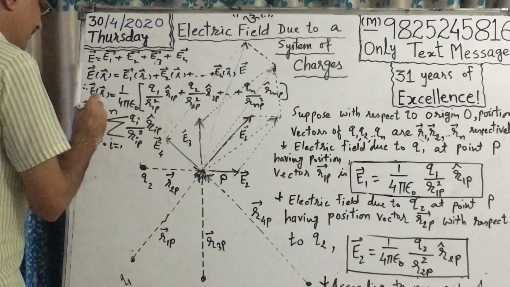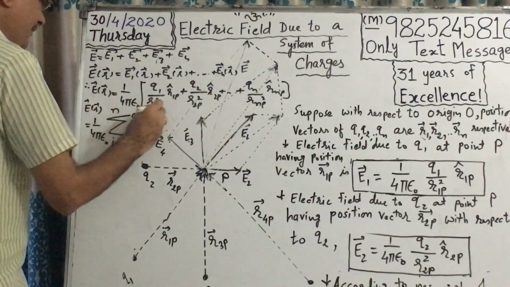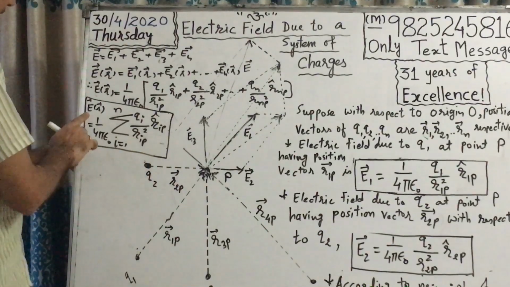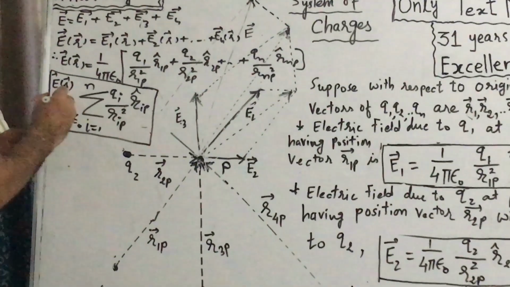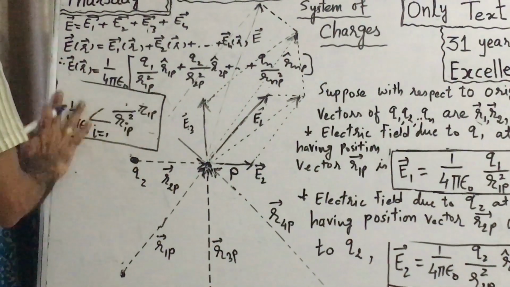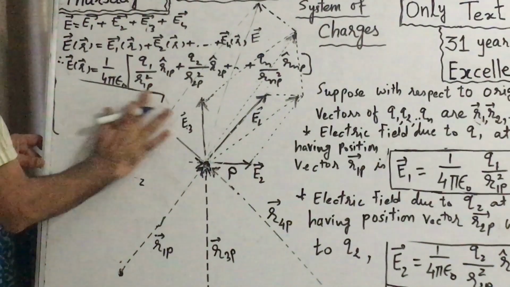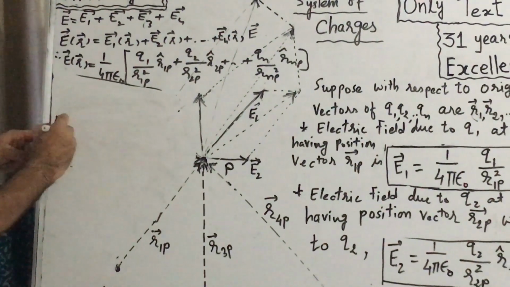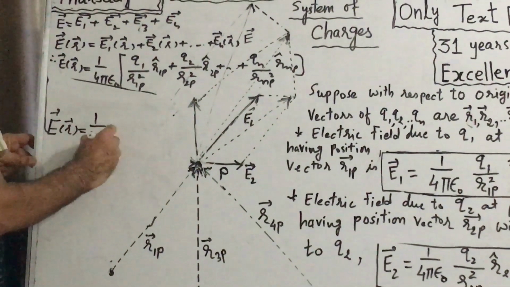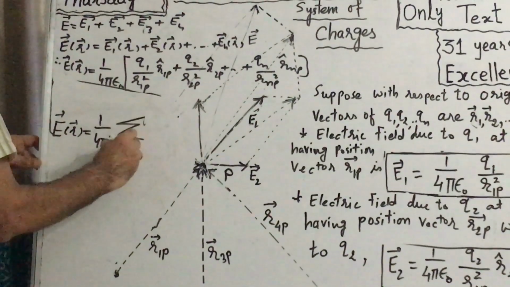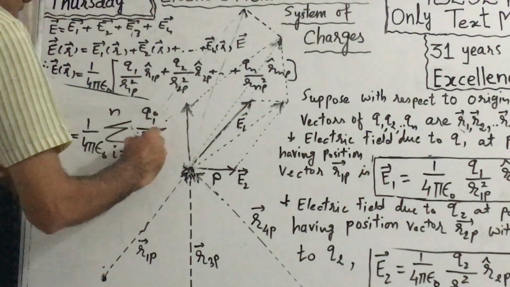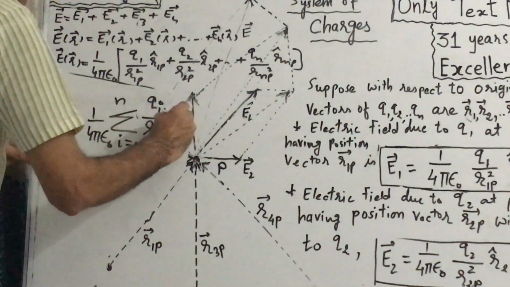This is the final formula for E at R. Let us write it here again: E at R equals 1 upon 4 pi epsilon naught sigma i from 1 to n, Qi upon RiP square into RiP cap.